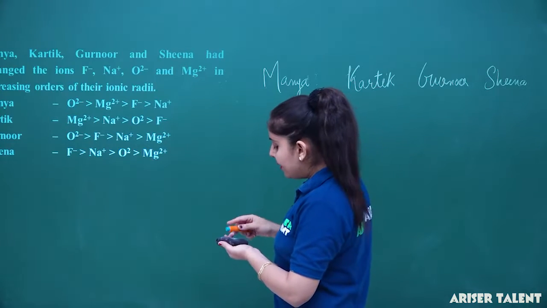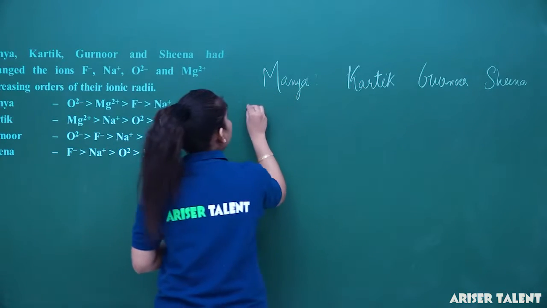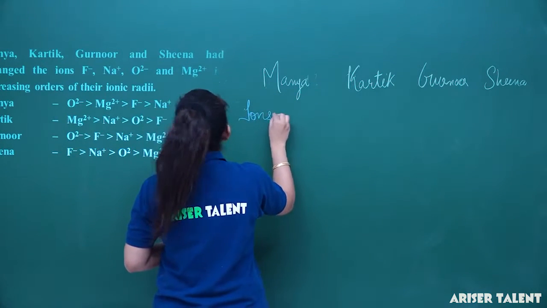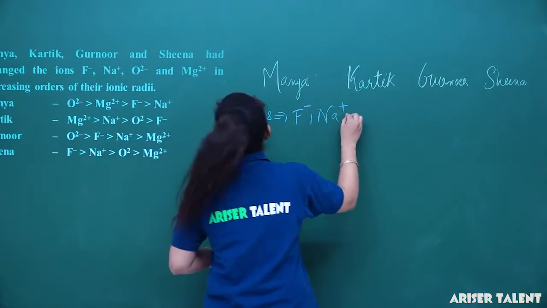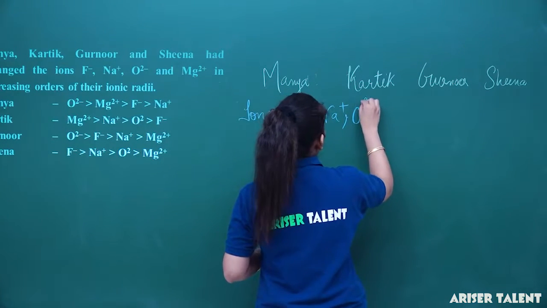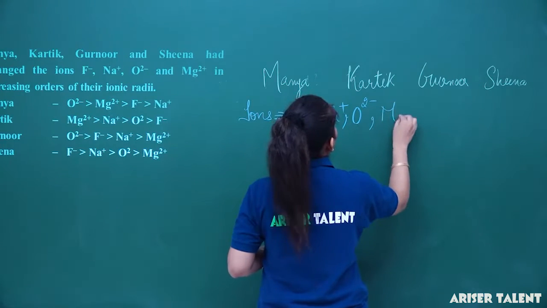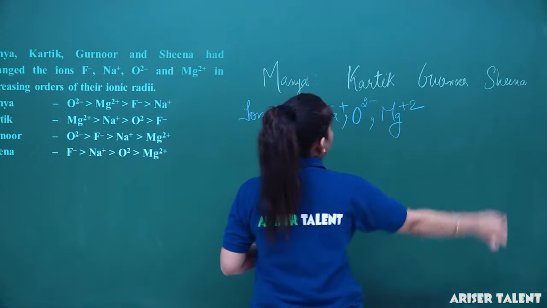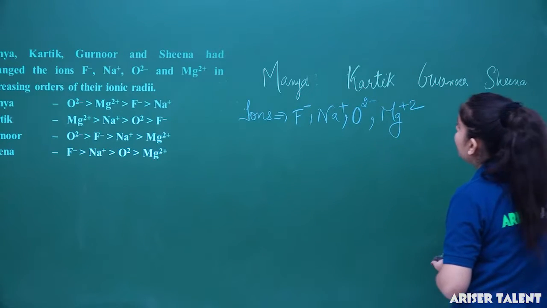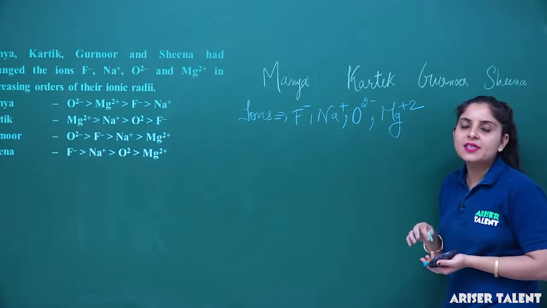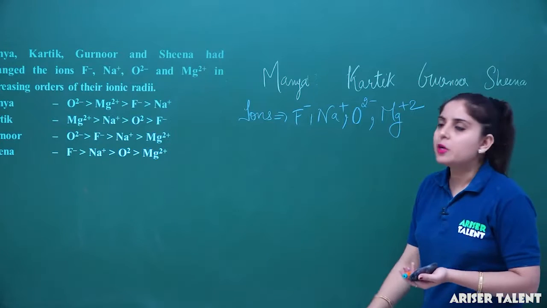Now, let us consider the ions here. So, what are the ions given here? Ions are F negative, Na positive, O2 negative and Mg plus 2. Now, if I am going to calculate the number of electrons in each species, how am I calculating the number of electrons?